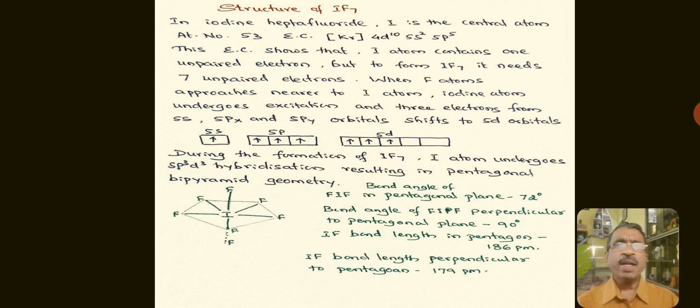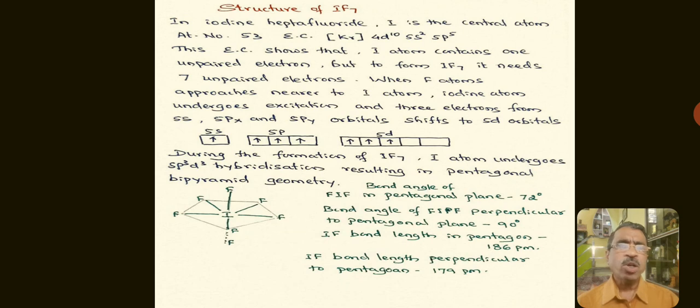When the fluorine atom approaches nearer to the iodine atom, it undergoes excitation and 3 electrons from 5s, 5px and 5py orbitals shift to 5d orbitals. The excited electronic configuration is shown here.